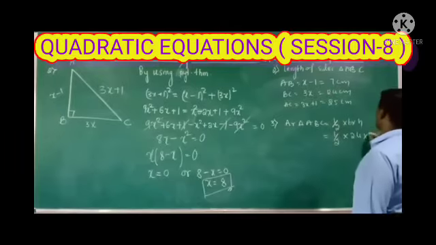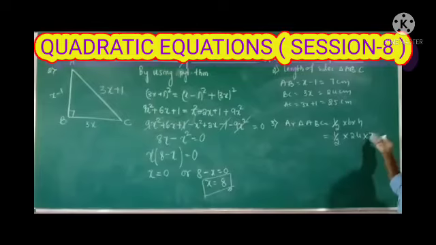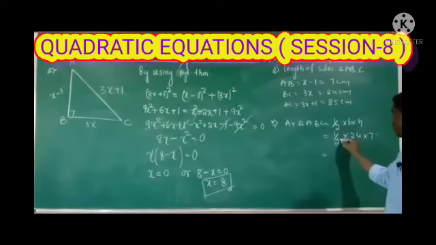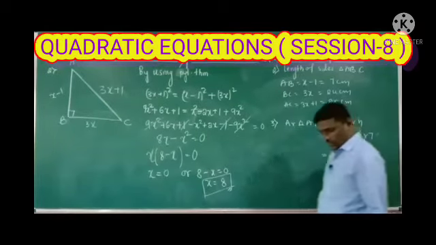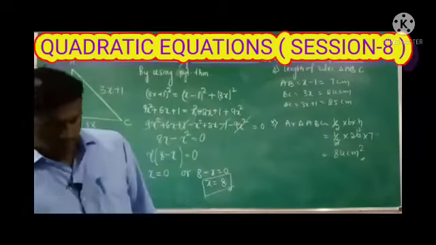Height is 7 centimeter. You can also take AB as the base and BC as the height, then also you will get the same answer. 2 1s are 2, 12 7s are 84 centimeter square. So these are the three required answers.